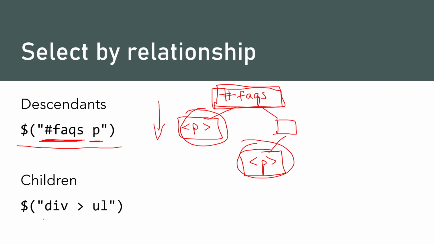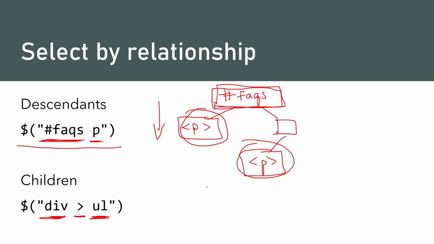But if we do want to say, I only want to look at direct children and not just all descendants, you can use the greater than in between two selectors. So this would get all UL elements that are direct children of any div elements.